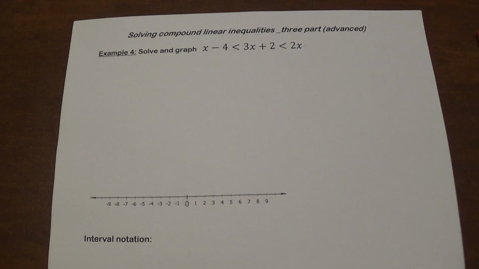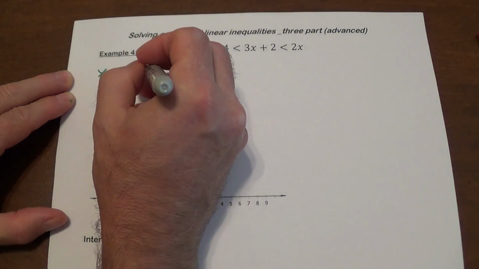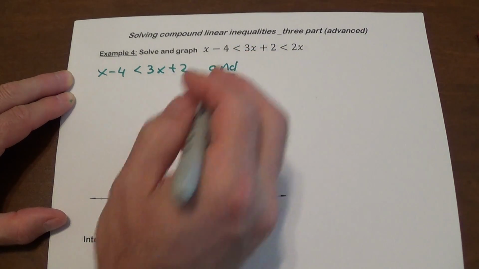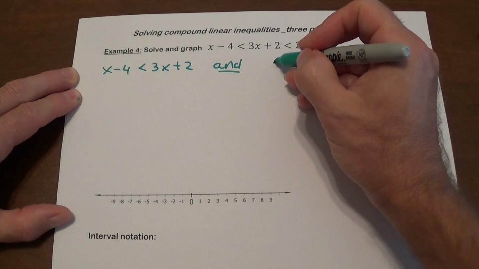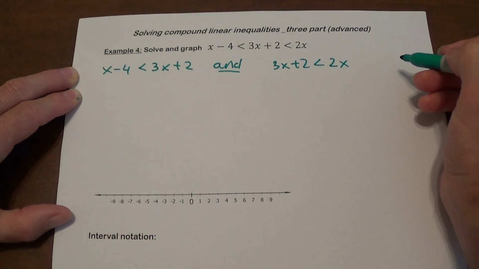Similar. So again, we are going to split it into two inequalities. We're going to have x minus 4 less than 3x plus 2 and 3x plus 2 is less than 2x.